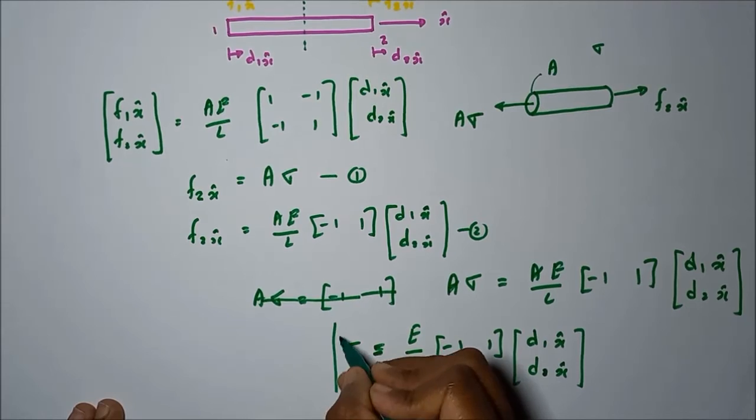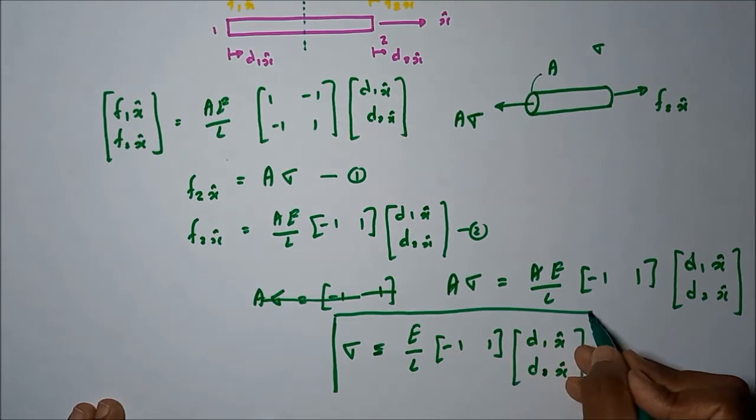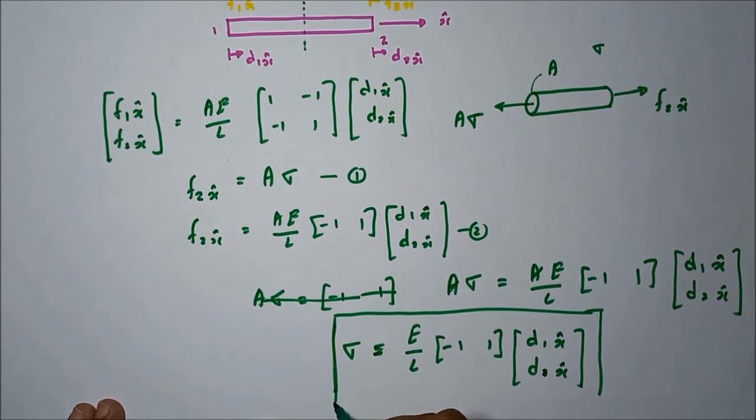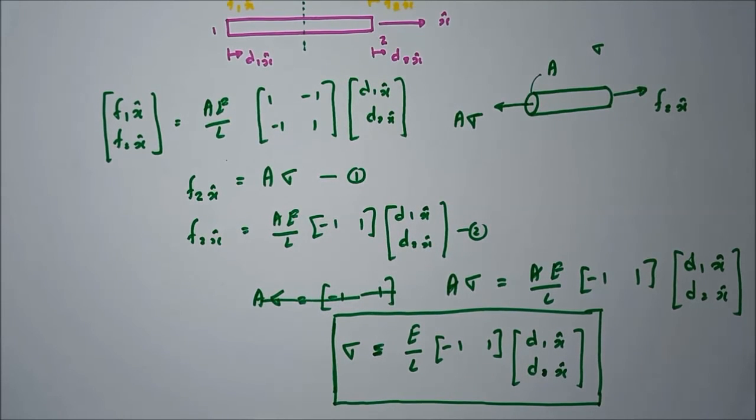Okay, this equation we can use to calculate the stress developed in each and every bar element, each and every truss member. If you know the local displacement, we can directly use this equation to find the stresses. But if we don't know the local displacement, we have to use the transformation equation to find that.